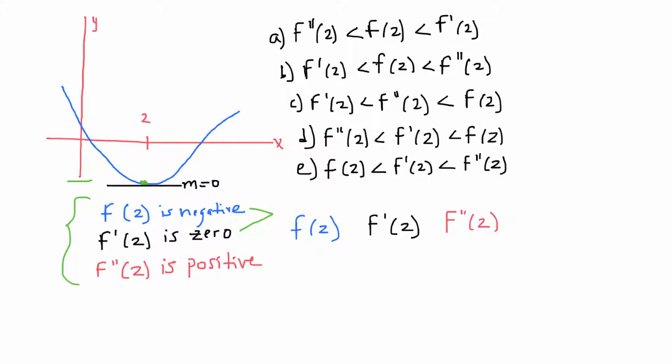Then you can have whichever inequality you're interested in, the less than inequality. When you think about it, a negative is going to be less than 0, and then 0 is going to be less than a positive. And that's how we work these out.